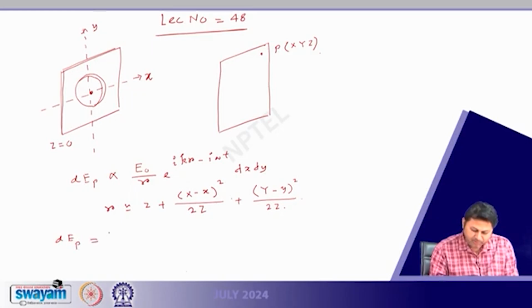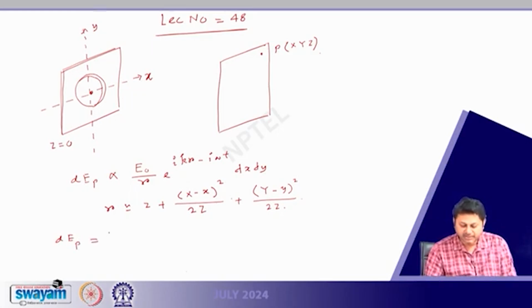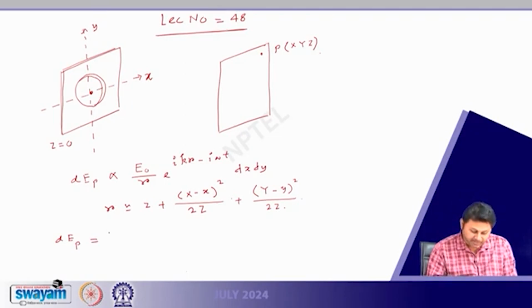is essentially, now if I remove this proportional sign to make a proportionality constant, and that proportionality constant we calculated in the last class, which was minus i k divided by 2 pi, an interesting looking term, and then we have E naught.